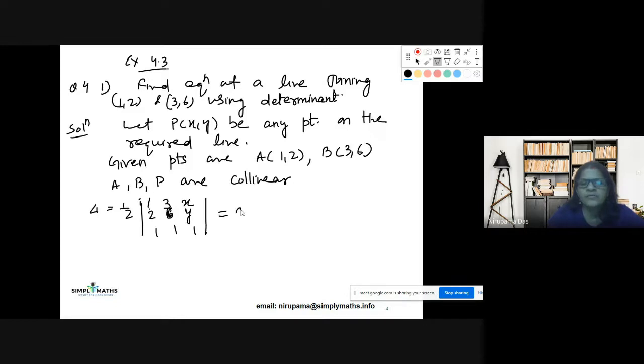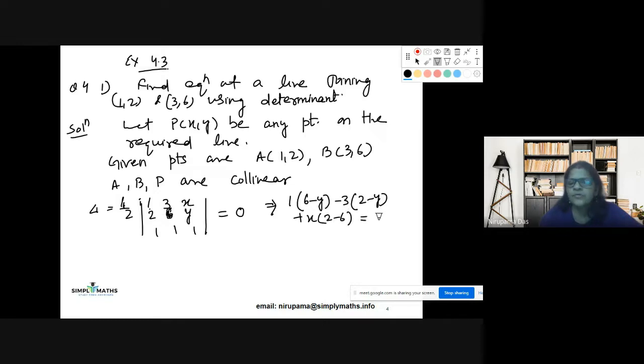It is equal to 0. Area of the triangle is 0 if the points are collinear. This implies half of this is 0, so obviously the determinant is 0. I can write here 1 into (6 minus y), minus 3 into (2 minus y), plus x into (2 minus 6), equal to 0.